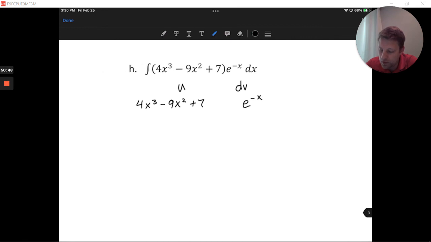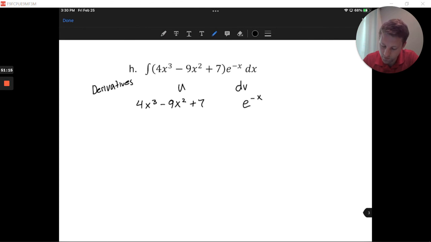So for the left side, I'm going to consider, again, derivatives of this u function. And I'm going to take as many derivatives as it needs to get down to 0. So again, this method is only necessarily helpful when you have a u function that actually can be broken down to 0 when taking derivatives.